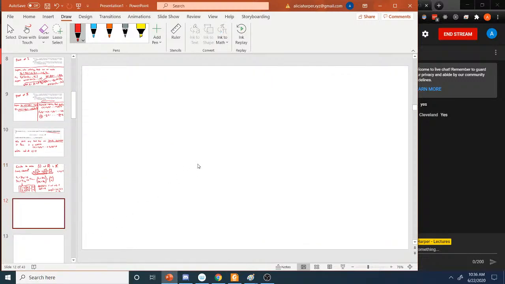Now let's do another example. Let's consider the following vectors. x1 is equal to the vector 1, negative 1, and 2 at the end. x2 here will be equal to the vector negative 2, 3, 1.